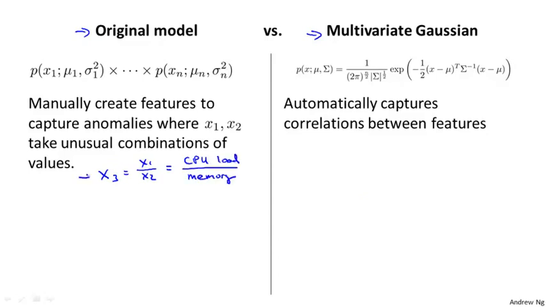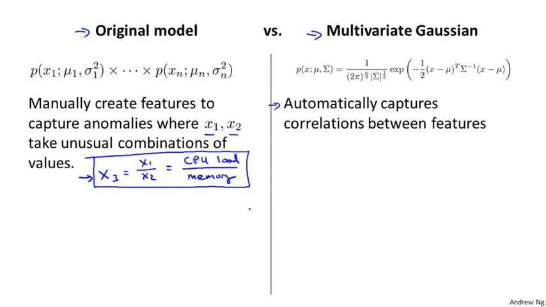And you need to create extra features if there's an unusual combination of values, where x1 and x2 take on an unusual combination of values, even though x1 by itself and x2 by itself look like they're taking perfectly normal values. But if you're willing to spend the time to manually create an extra feature like this, then the original model will work fine. Whereas in contrast, the multivariate Gaussian model can automatically capture correlations between different features.